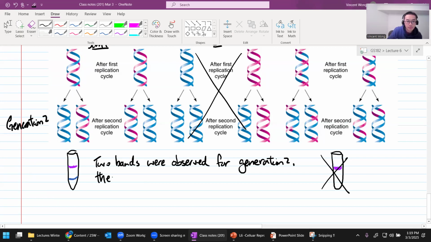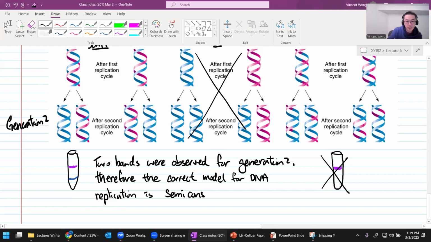Therefore, the correct model for DNA replication is semi-conservative. All right, that's it. I'll give you a moment to catch up, and then we'll continue.